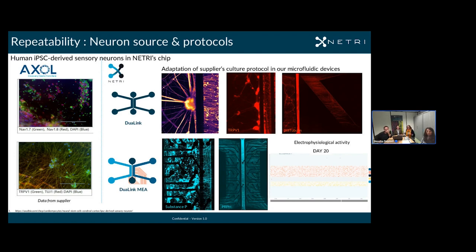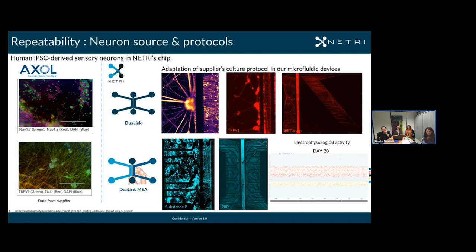So what we're doing at NETRI is adapting cell supplier protocols specifically to our chips and making sure that they are developing properly in terms of maturation of some marker expression. For example, here you have the example of TRPV1 or substance P, which are specific to sensory neurons.